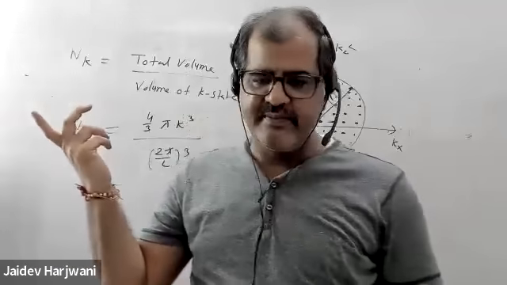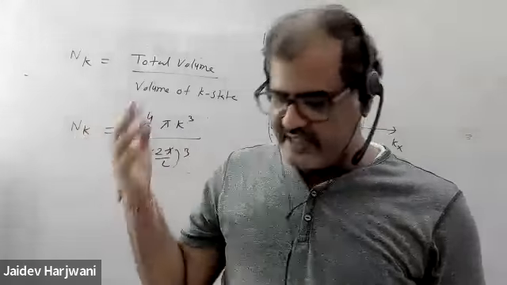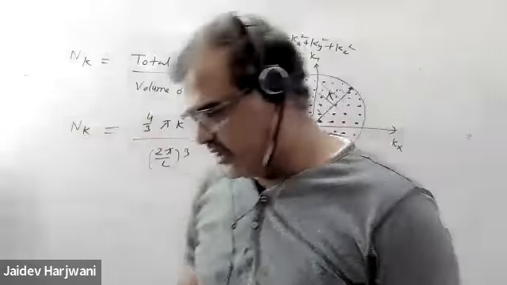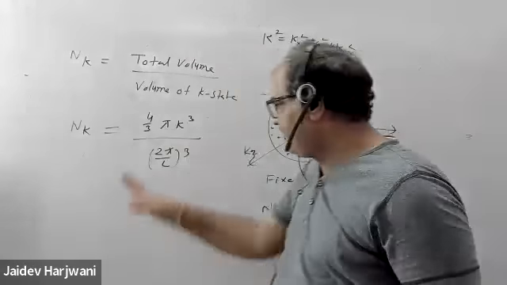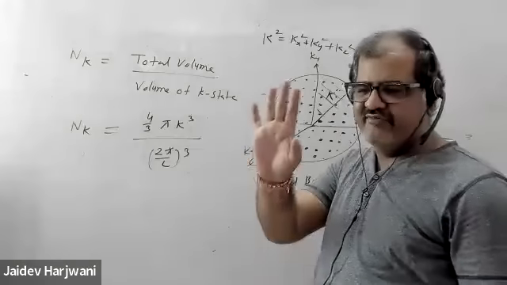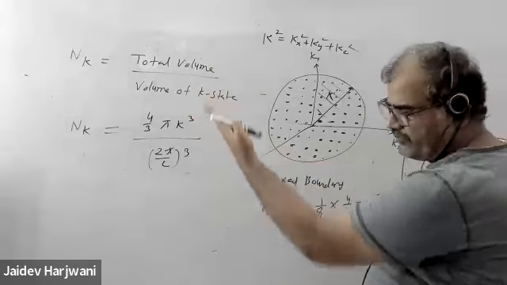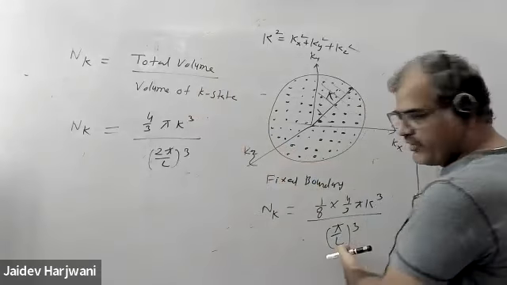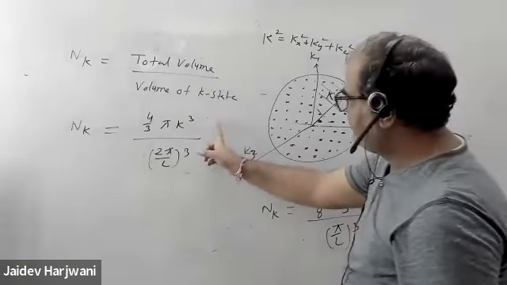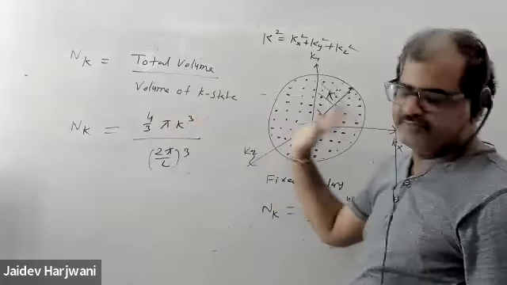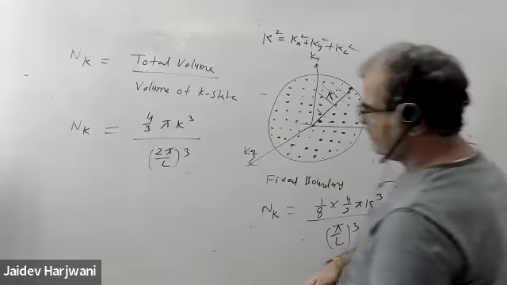These are only tools. They won't create any difference in physics. So either you use periodic boundary condition or fixed boundary condition, nothing matters. Here we are taking negative k values also. I hope I have cleared the things.